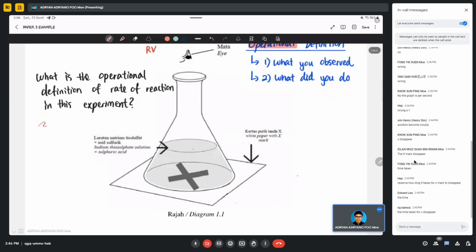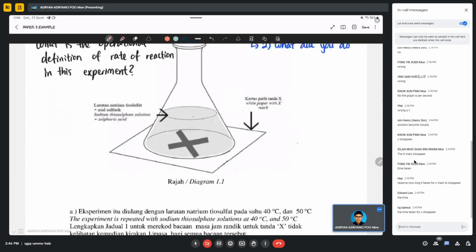So you write it like this. Rate of reaction can be defined operationally as what you observe, the time taken for X mark to disappear.